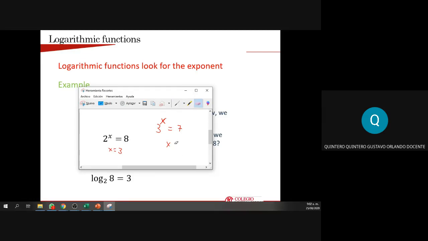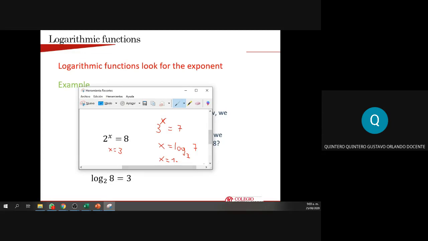But you know what? We can change this equation into a logarithmic equation. The exponent is the answer. And now we have logarithm to the base 3, because that was the base here, of 7. And if you put that in your calculator, guys, you will have an answer of, I don't know, a decimal value, 1 point something.